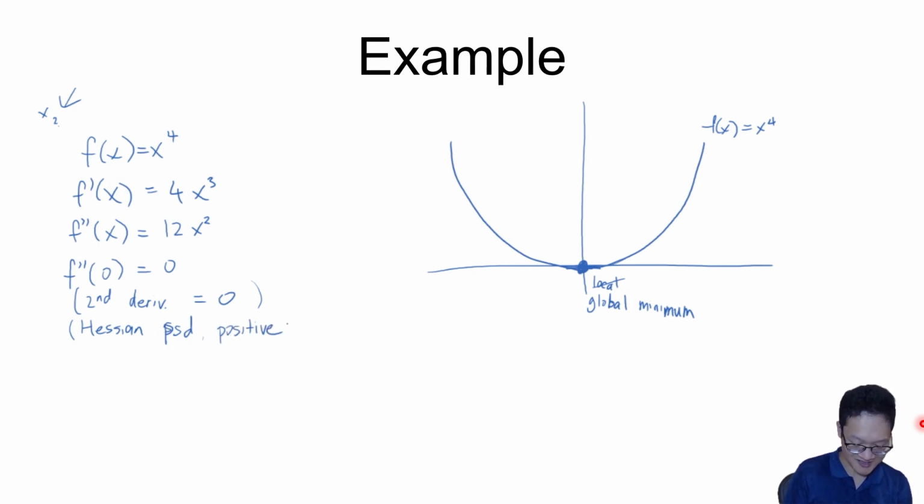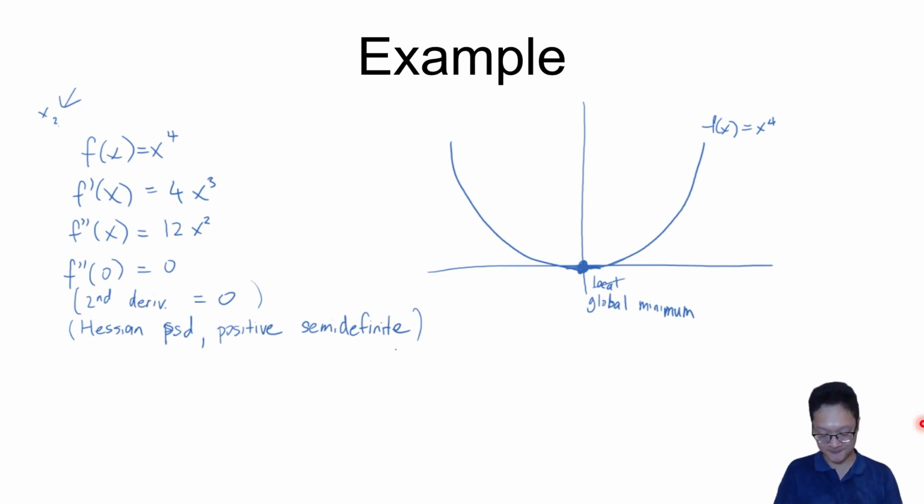It turns out that PSD is a very common abbreviation for positive semi-definite. So in the case where Hessian second derivative is 0, the inconclusive case, as we remember, the inconclusive case for multiple variables would be Hessian being PSD. So in this case, we actually have a local or a global minimum.